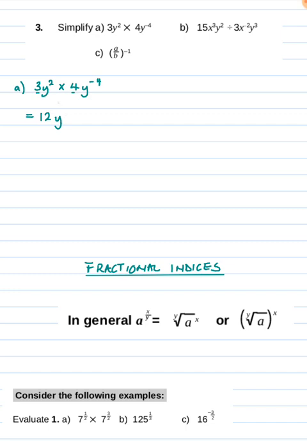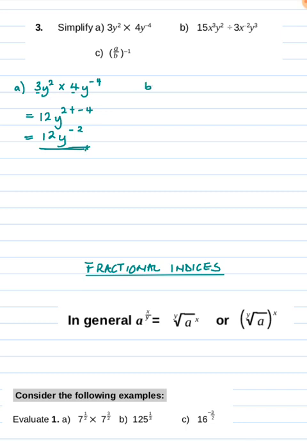Then y to the power of 2 plus minus 4, then it becomes 12 y to the power of 2 minus 4, which becomes minus 2. So this one becomes the solution for A.